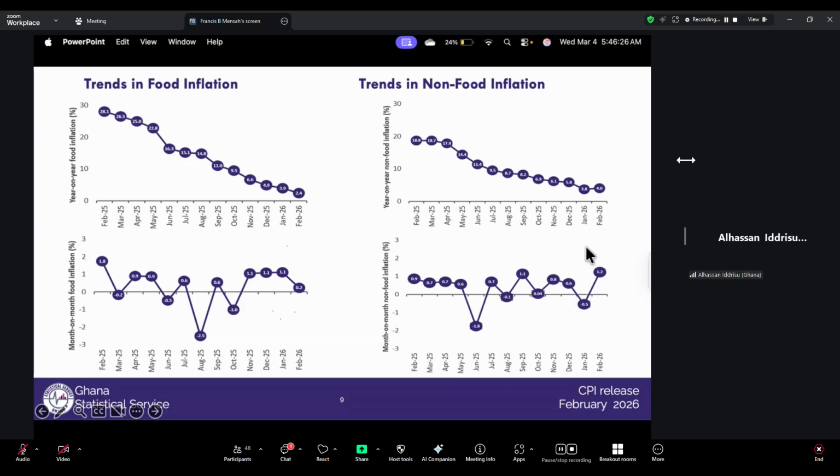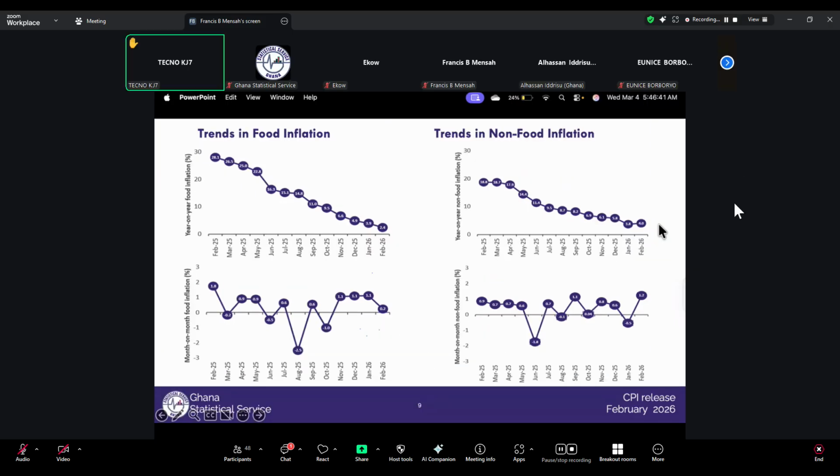Okay. Yes, I've raised my hand again. This is Justice. Go ahead. Okay, so another observation I have made, you realize that last week some foodstuff sellers, for instance, plantain, they load their plantains to the various market centers in Accra, and there are no buyers for them.